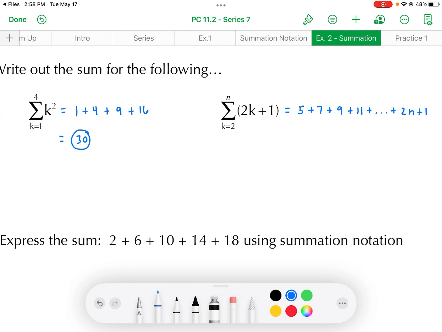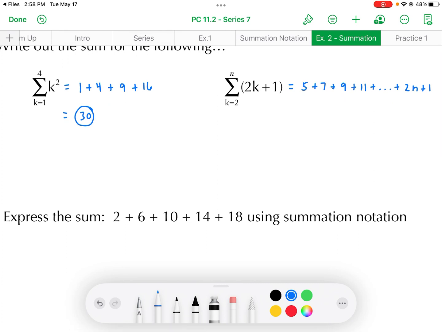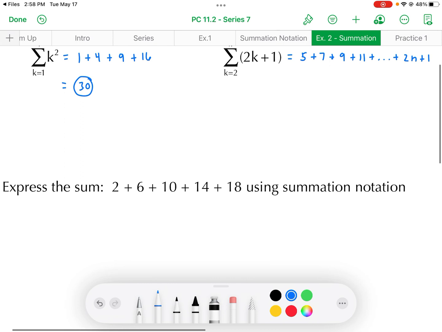All right, lastly, express the sum 2 plus 6 plus 10 plus 14 plus 18 using summation notation. So ignore the plus signs right now, just focus on the numbers. To go from 2 to 6, 6 to 10, 10 to 14, and so forth, you're just repeatedly adding 4. So we need to come up with an explicit formula for those terms.